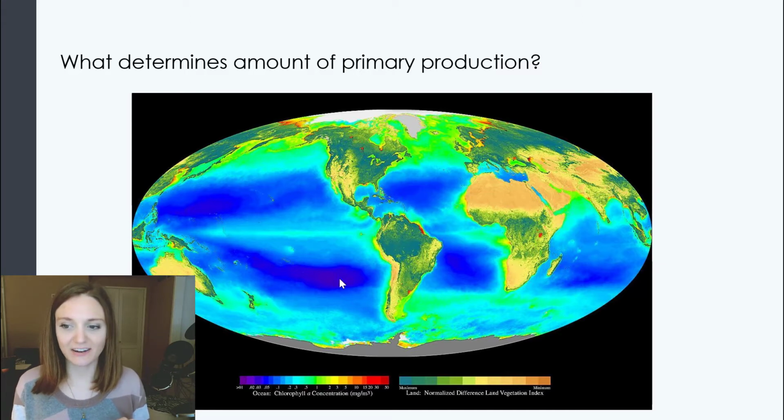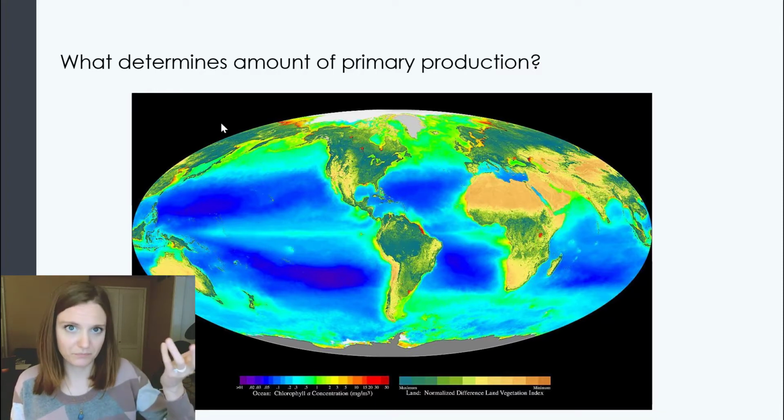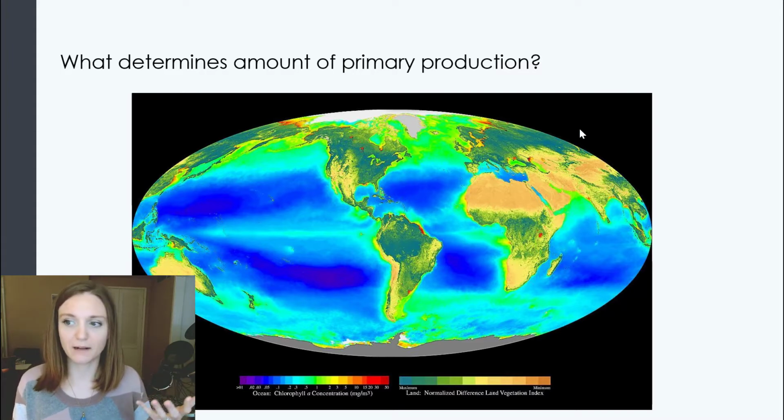So in these areas, 30 degrees south, 30 degrees north, these latitudes, those are typically going to be desert areas. And then in the northern hemisphere range, we start to see the rate of primary production picks back up. So what's going on? Well, why do we have such high rates of primary production around the equator?